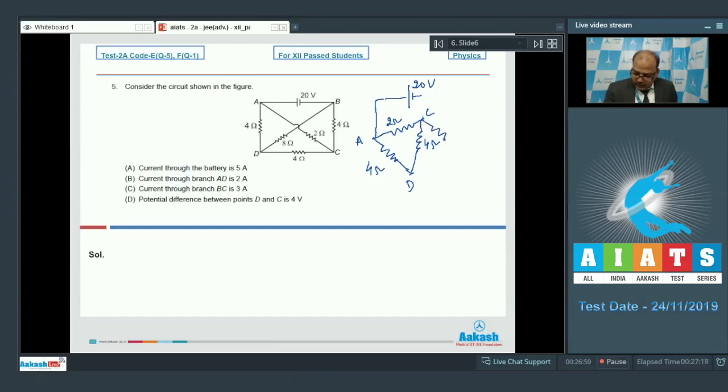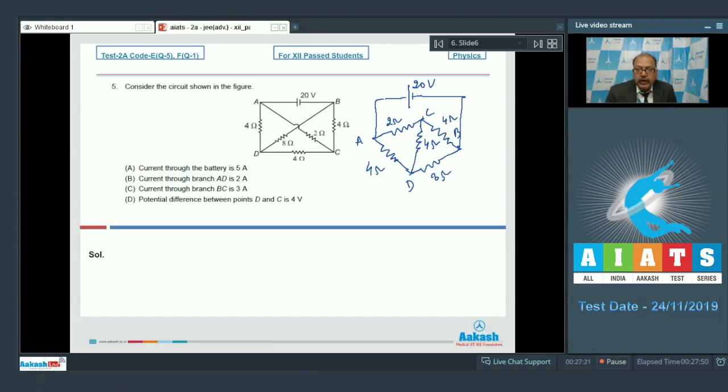So let's say this is point B and this is 4 ohm, whereas between D and B there is an 8 ohm resistance. So the 8 ohm resistance is here, and the negative terminal is connected to B. You can check, we have accounted for each and every resistance, and the given circuit can be redrawn as I have just redrawn.